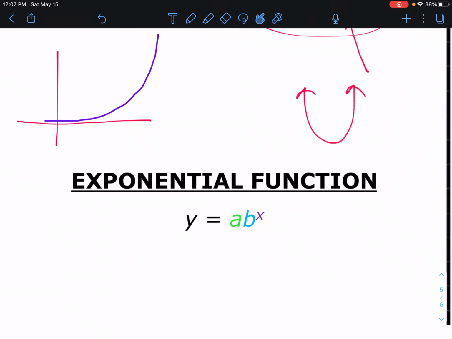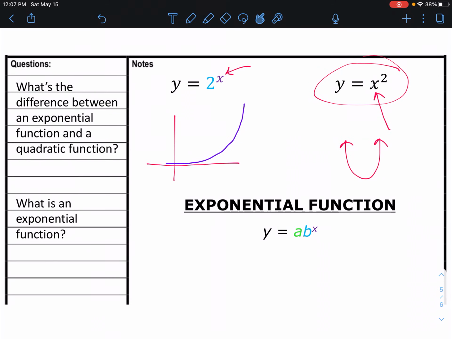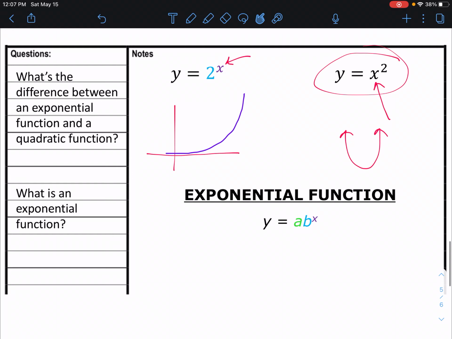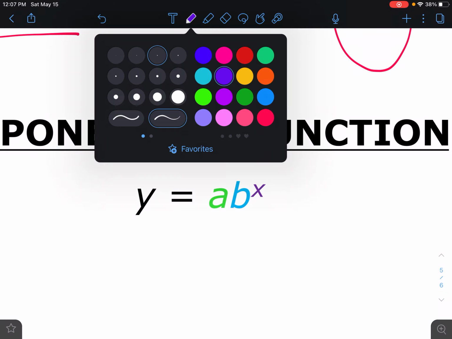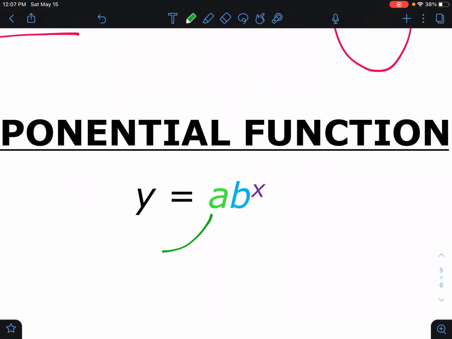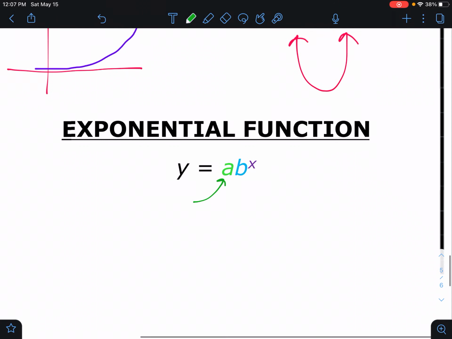So an exponential function looks like this. Now you say, well, these two aren't quite the same. Well, they are. I just have a number in front of that 2 to the x power, which would be 1. So what are the features? Well, your a value here, this is your starting amount.